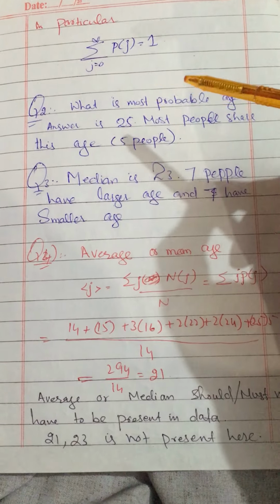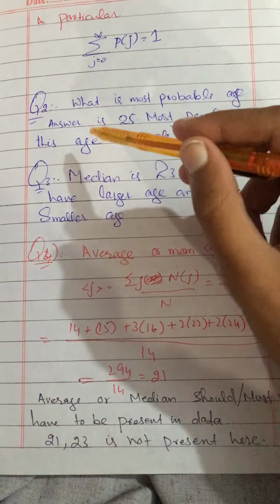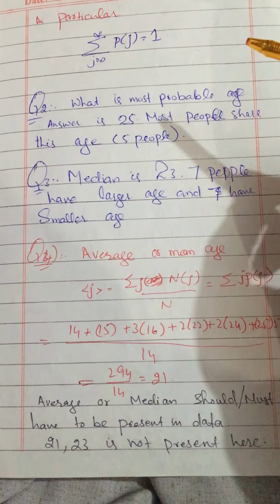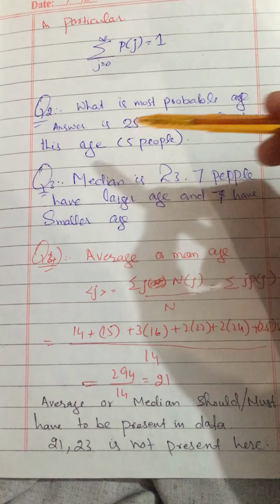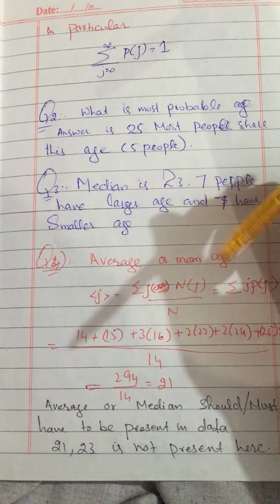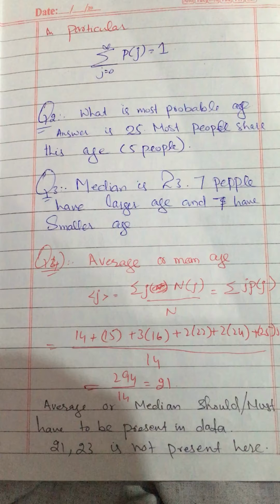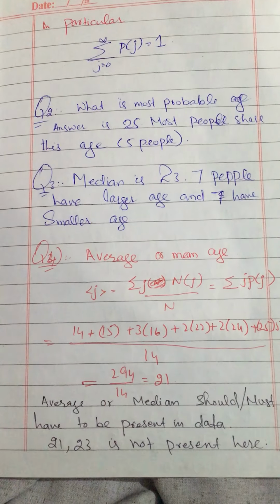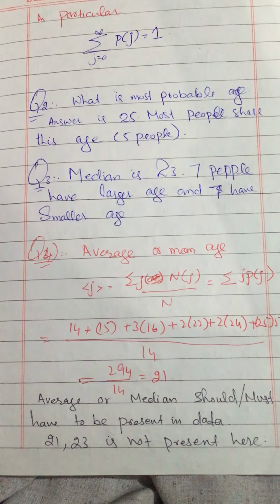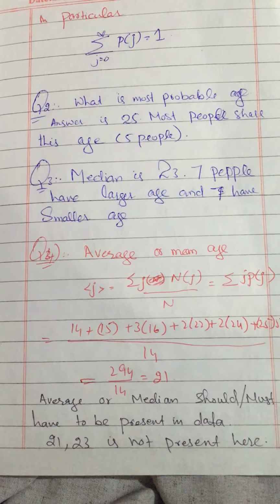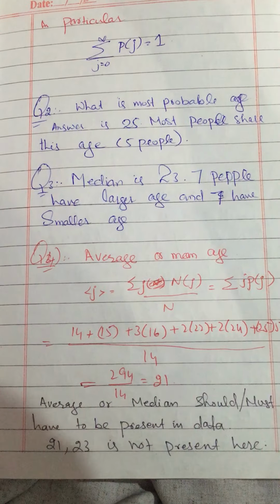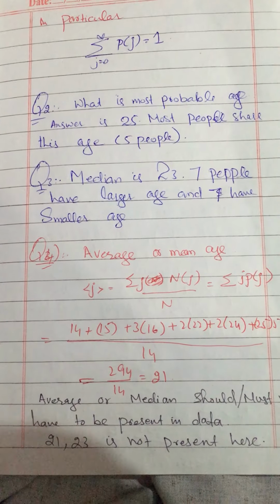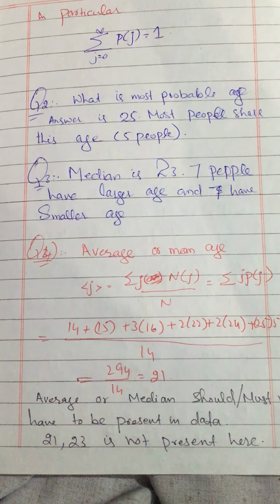Now question number 2: what is the most probable age? The most probable age is 25. It is because more people have the age 25, so we have a maximum probability of age 25, because there are 5 people, so we have the larger probability to get the age 25.